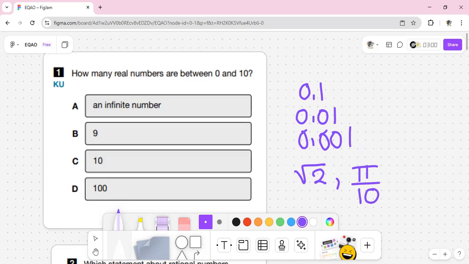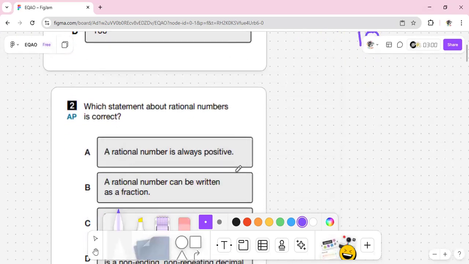So to conclude, there are infinitely many real numbers between 0 and 10, and the answer is A, because you can always find more numbers between any two real numbers, no matter how close they are. This endless possibility is what makes the set of real numbers infinite and uncountable. So that's something to remember for the EQAO exam.